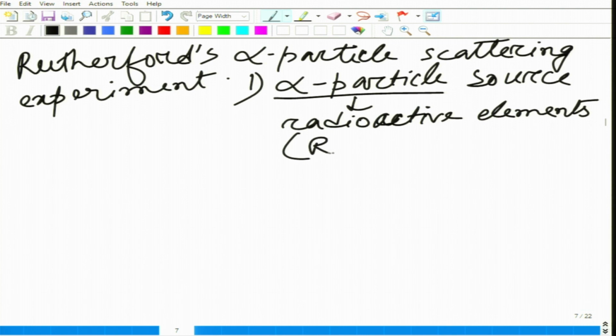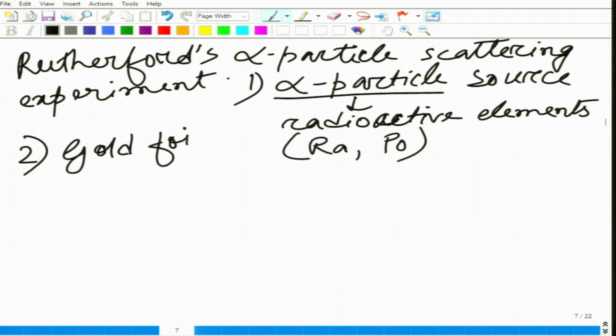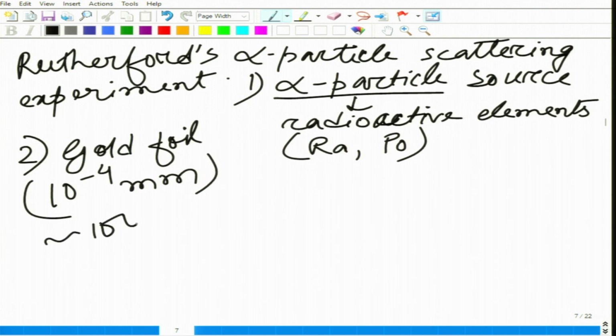He had tried mostly radium and polonium. And secondly, there was a gold foil around 10 to the power minus 4 millimeter thick, which is around 100 nanometer thick.